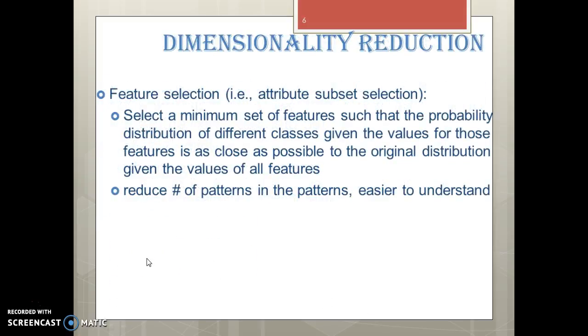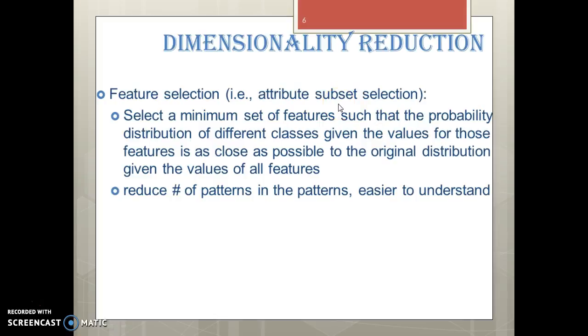So what is dimensionality reduction? The dimension here specifies your attribute or your feature. That is your attribute subset selection. A minimum number of features, that is, attributes from the data set alone is taken. From that the pattern is extracted.